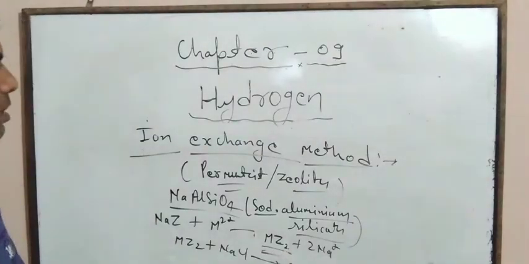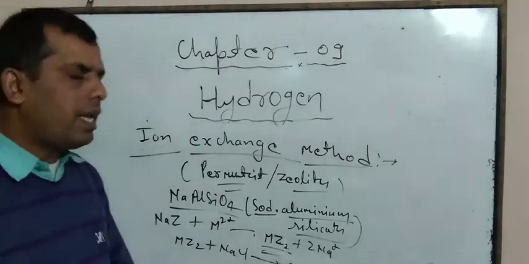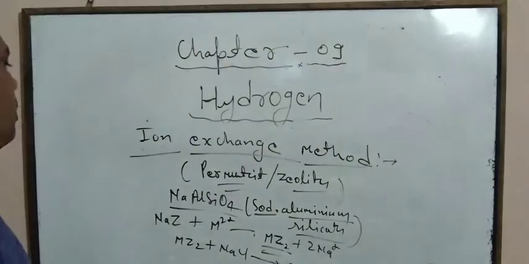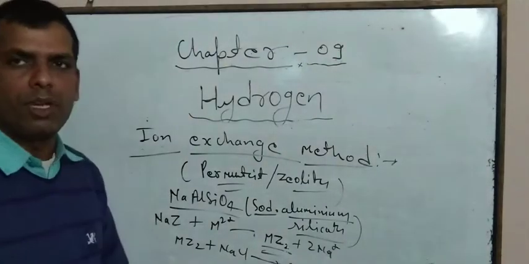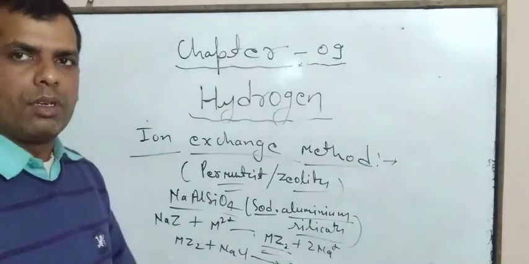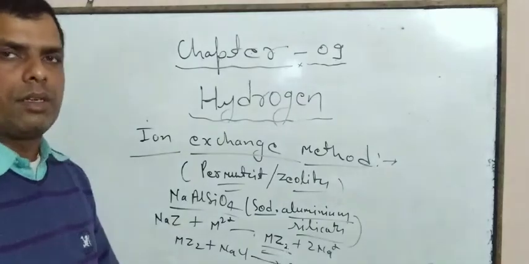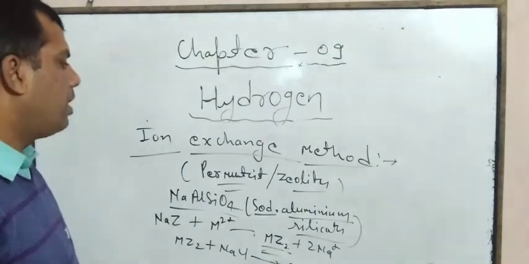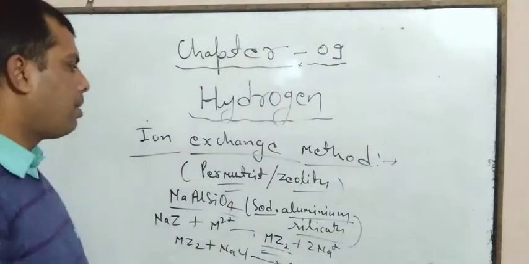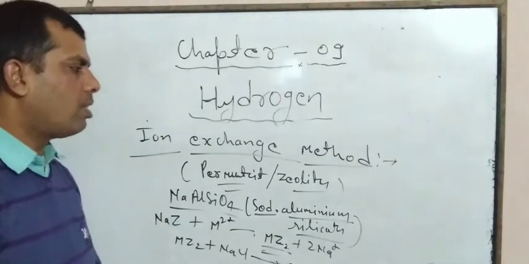So this method is very important and it is known as the ion exchange method. It is also known as the permutit or zeolite method, or sodium aluminum silicate. Dear students, you should keep in mind in what way we can remove permanent hardness of water with the help of the permutit or zeolite method.